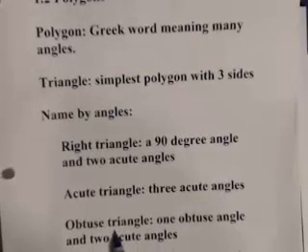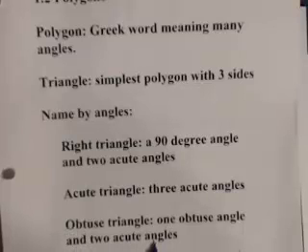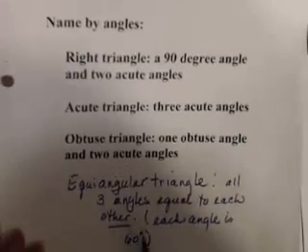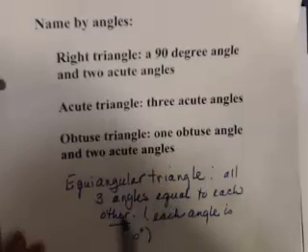And an obtuse triangle has 1 obtuse angle and 2 acute angles. An equiangular triangle has all 3 angles that are equal to each other, and each angle measures 60 degrees. So equiangular, 3 angles measuring 60 degrees.